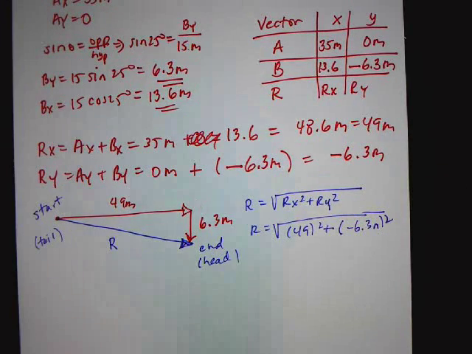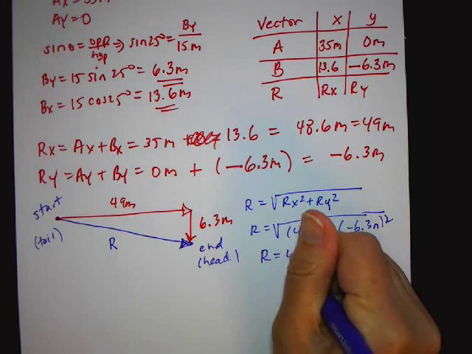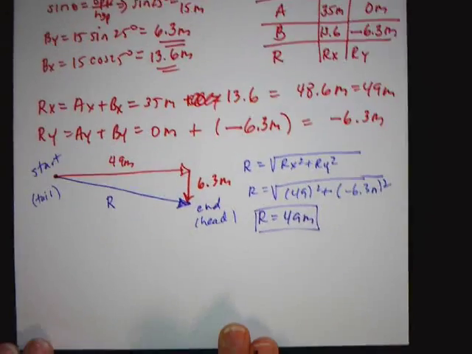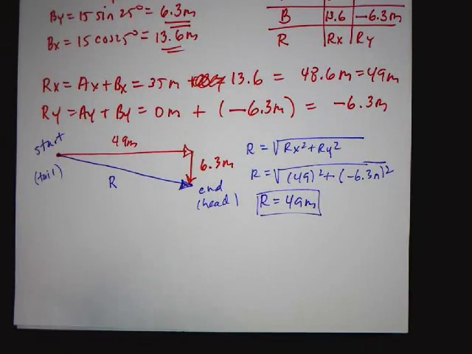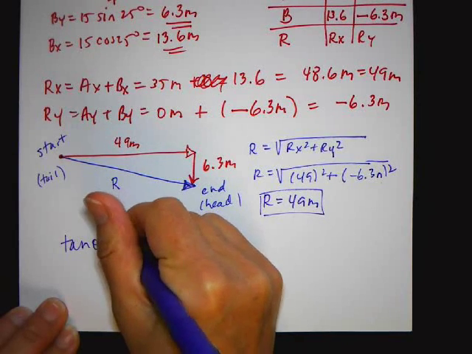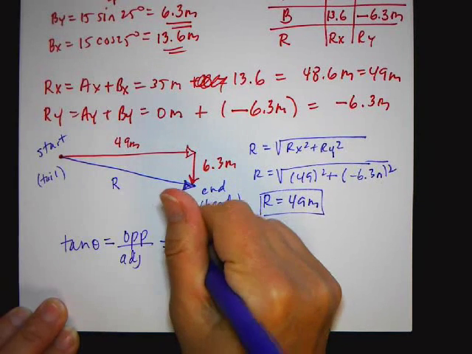So this is 49 meters. But I'm not done. I have to find the angle. Tan of theta is equal to opposite over adjacent, so it's equal to 6.3 over 49. On my calculator, I press 6.3 divided by 49 equals, second tan, and it comes out to be 7.3 degrees.